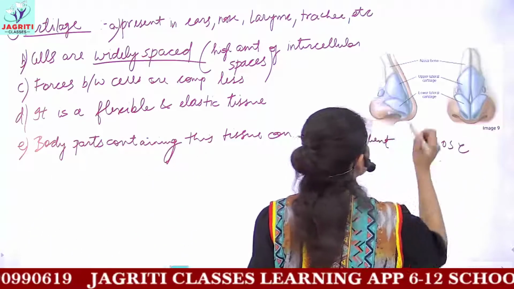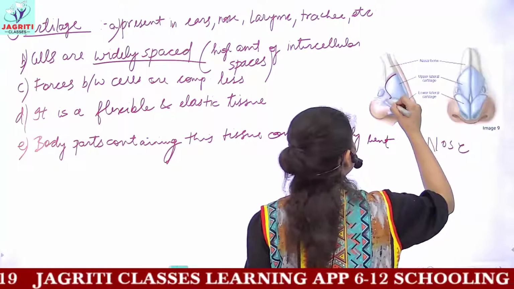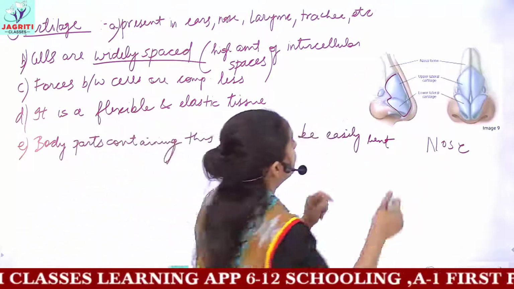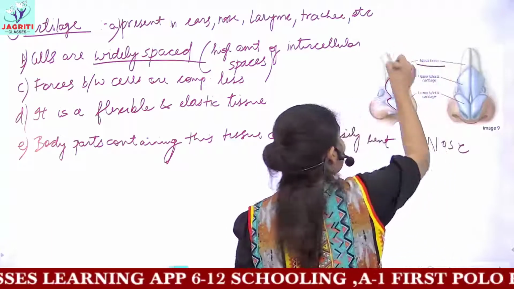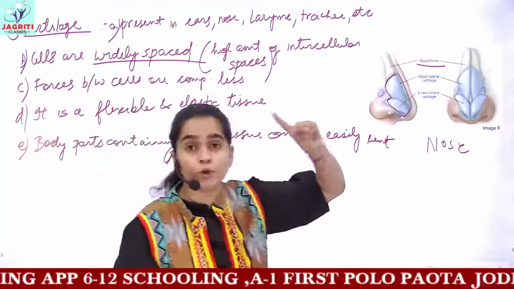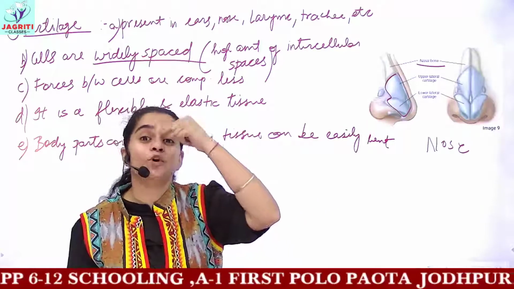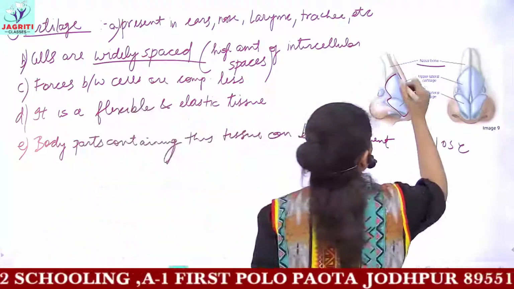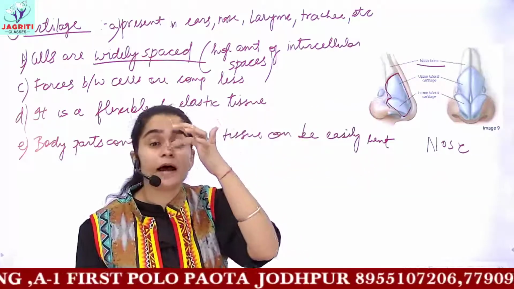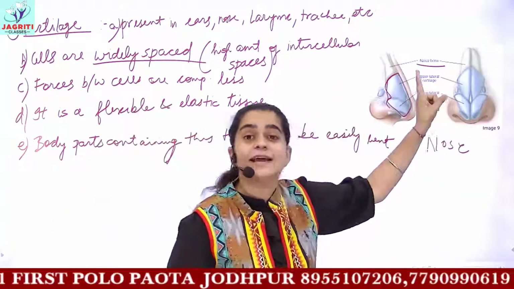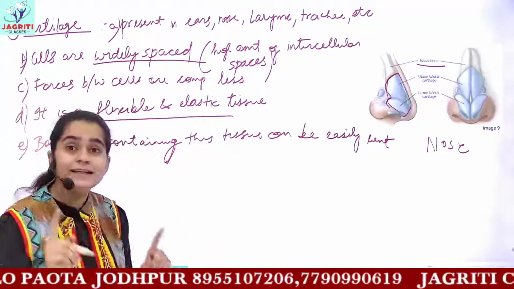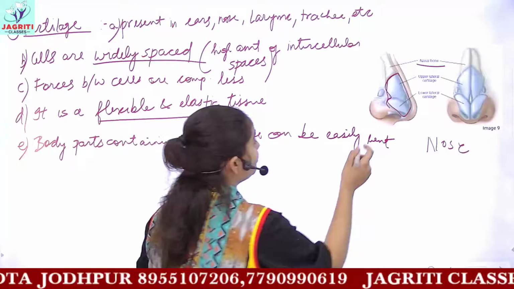And in the nose, this grey colored portion is all your cartilage. Okay? So here we have our nasal bone on the apical part. This portion is made up of the nasal bone, so you cannot bend this portion. But remember, this grey colored part, after your nasal bone, is made up of cartilage, and hence because it is a flexible and elastic tissue, you can easily bend it.